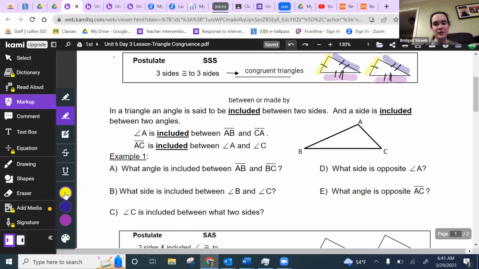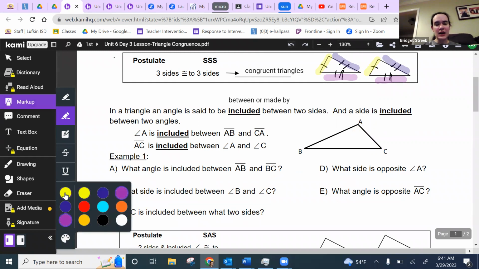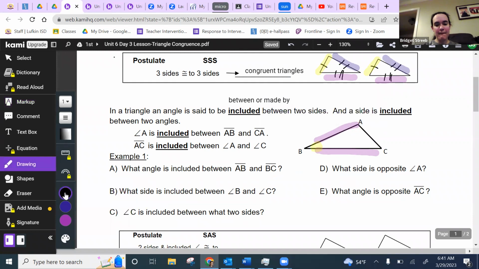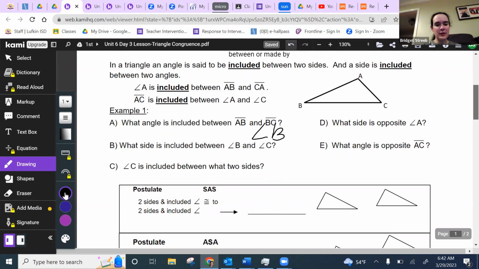So our first set of examples: what angle is included between segment AB and segment BC? So the angle that's made by it, the one that's in between those 2 purples, touching the 2 purples, is angle B. All right, next example.